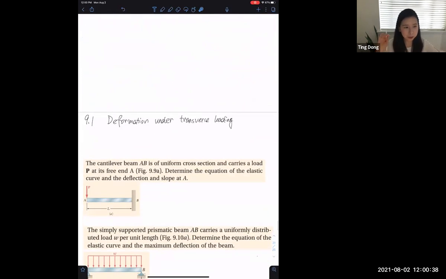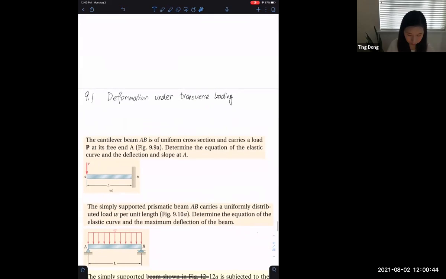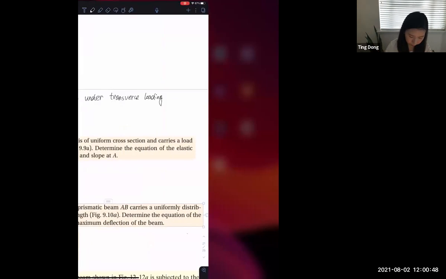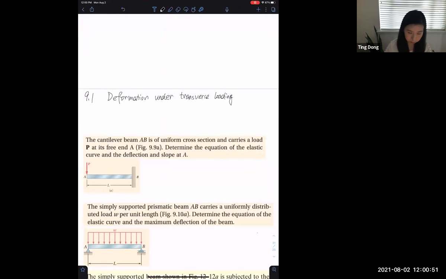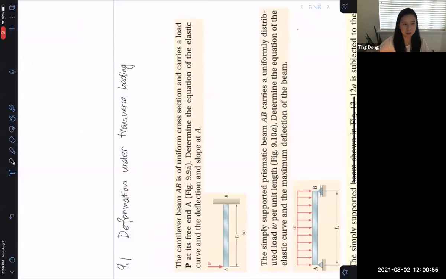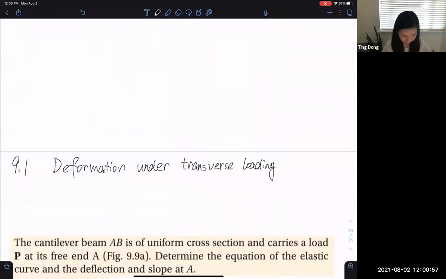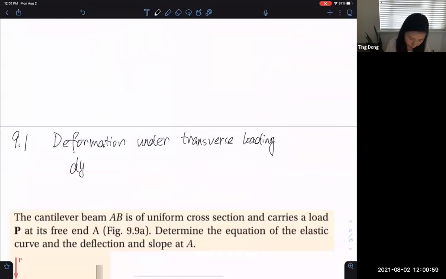And the last chapter is deformation of bending. For this one, there was no new equation. We use the curvature.